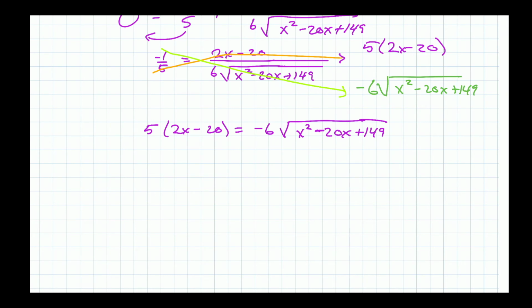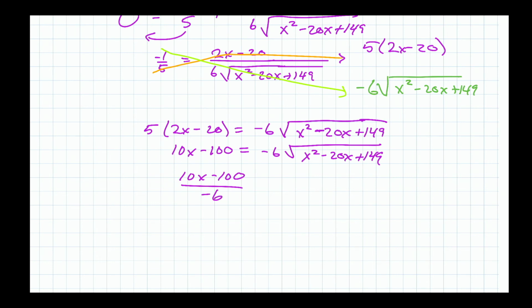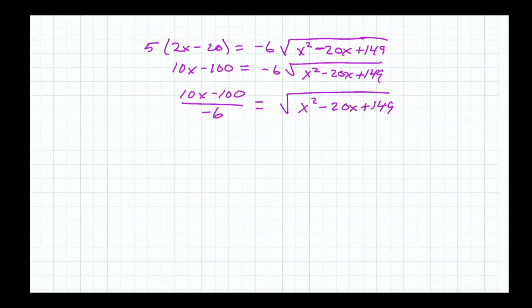So at least we have no fractions. I can multiply that 5 through here, get 10x minus 100 equals negative 6 square root of (x squared minus 20x plus 149). Divide both sides by negative 6. So I get (10x minus 100) over negative 6 equals the square root of (x squared minus 20x plus 149). Square both sides.